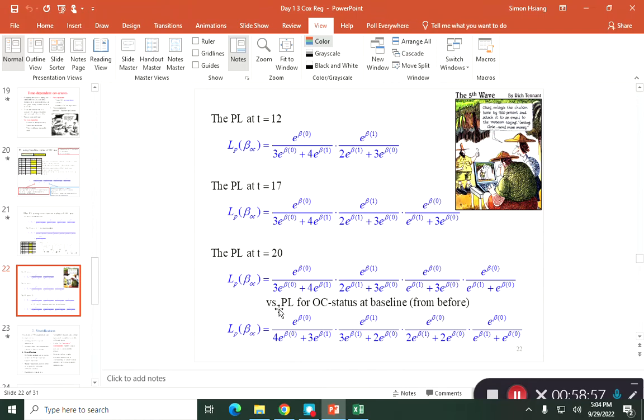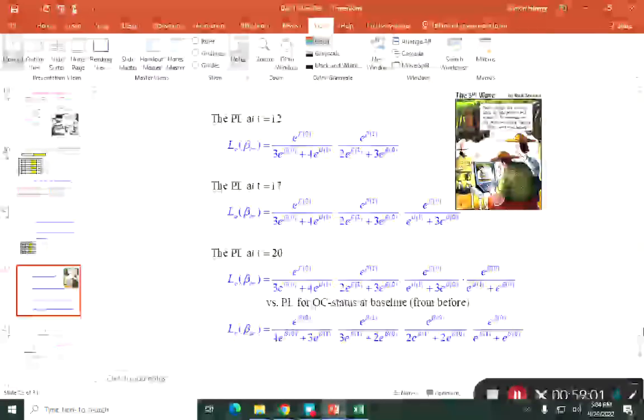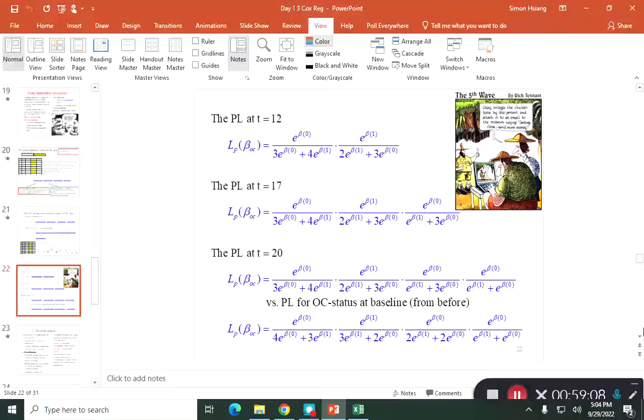And then finally, when you combine all the partial likelihoods together, you're still doing the same thing. You're trying to find a set of parameters that makes every estimation as big as possible. That means you fully utilize the numbers.